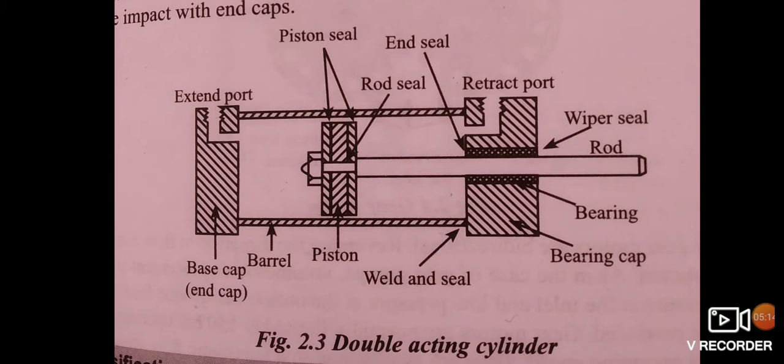The cylindrical tube is fitted with end caps. The pressurized oil or air enters the cylinder chamber through the ports provided. In the rod end cover plate, a wiper seal is provided to prevent the leakage of oil and entry of contaminants into the cylinder. The combination of wiper seal, bearing, and sealing ring is called a cartridge assembly.